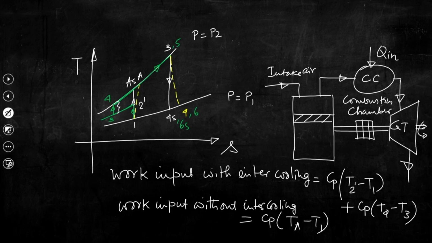Also, we can see from this Ts plane that these two lines diverge as we move from left to right. Hence Ta minus T2 prime is certainly greater than T4 minus T3, and it is easily perceptible from this diagram that work input with an intercooling unit should be less than work input without intercooling.